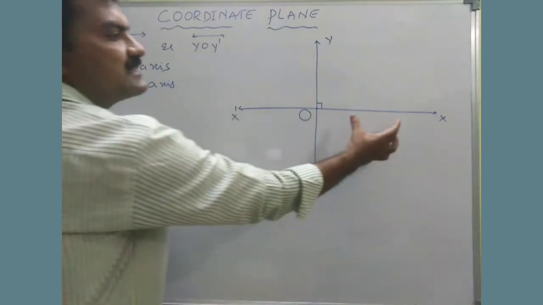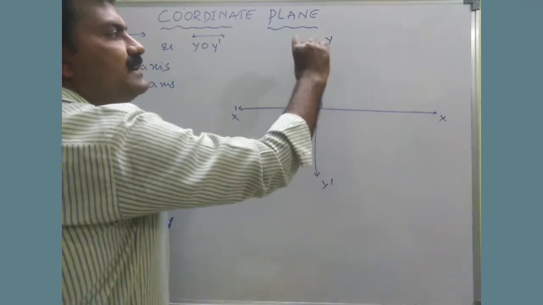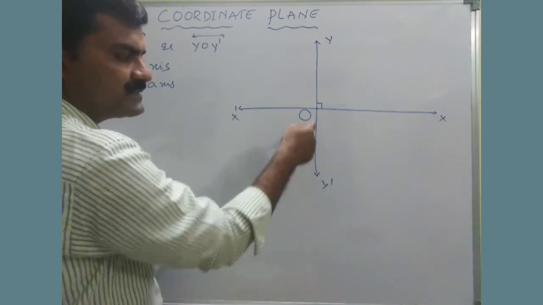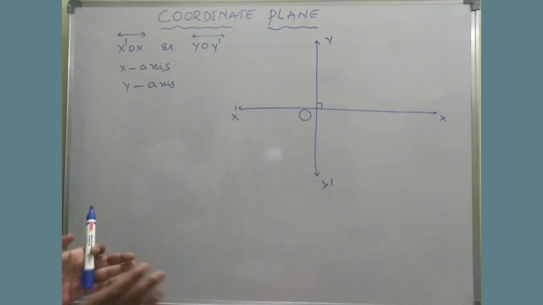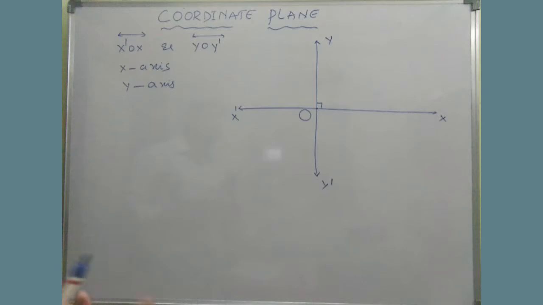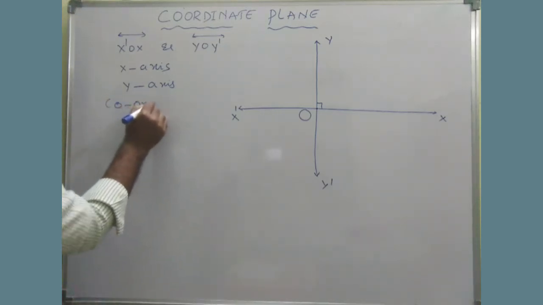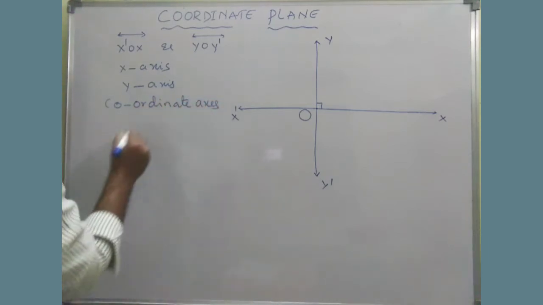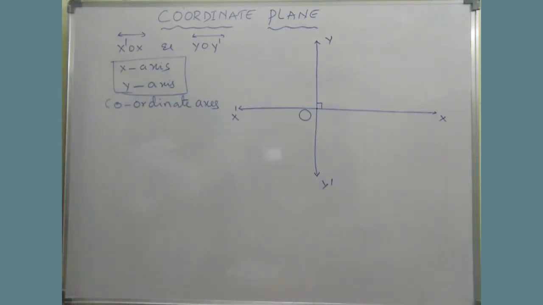Just like the positive and negative x-axis, here OY is called the positive y-axis, whereas OY dash is called the negative y-axis. These two, the x-axis and y-axis together, we call the coordinate axes.